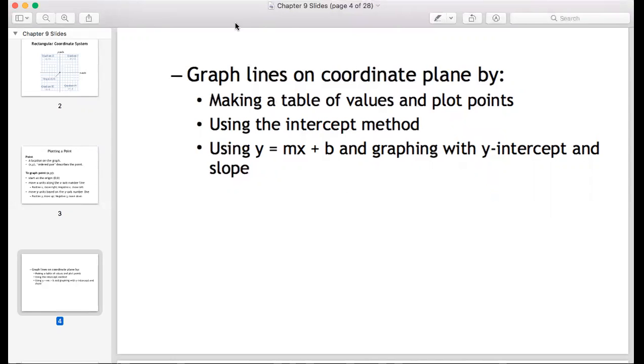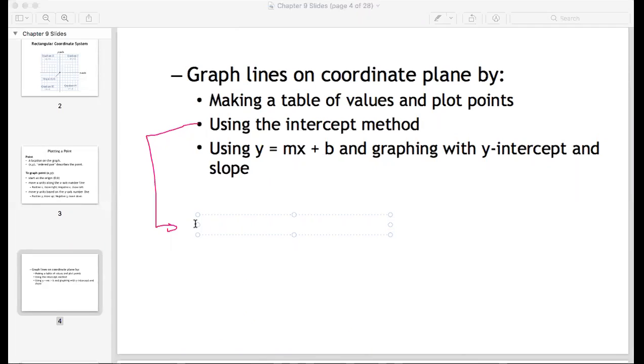Intercept method. The intercept method just explains how you are graphing the point. The intercept is where the line of the graph crosses the axis.